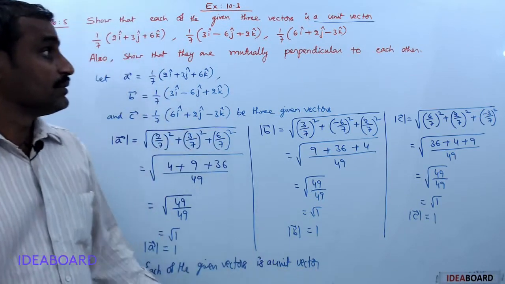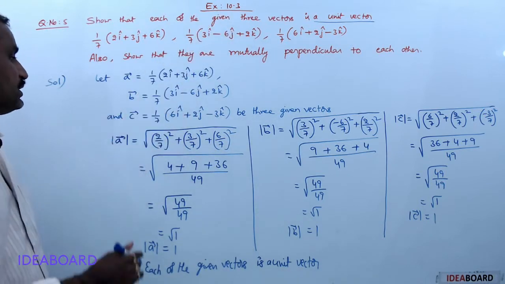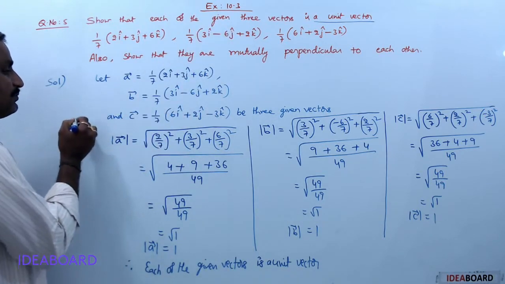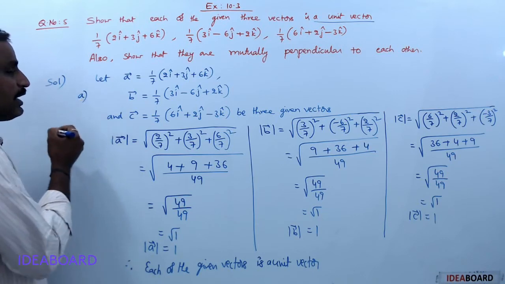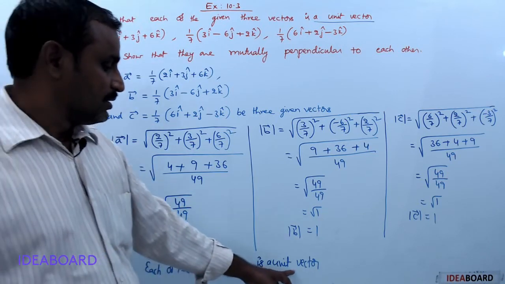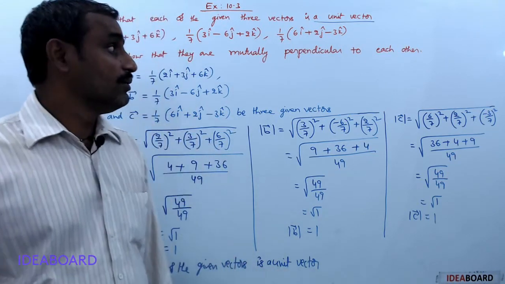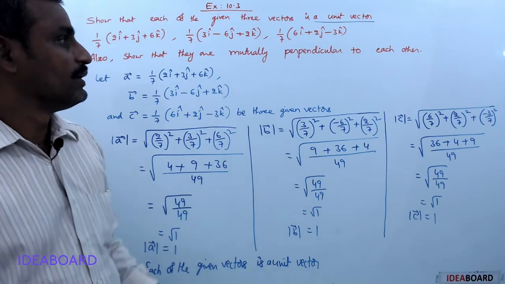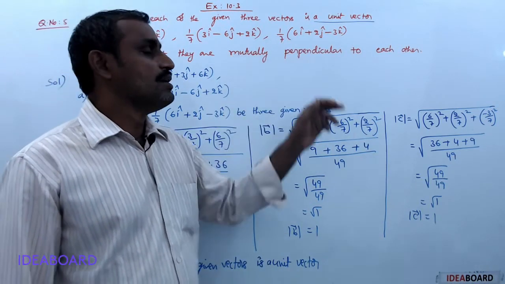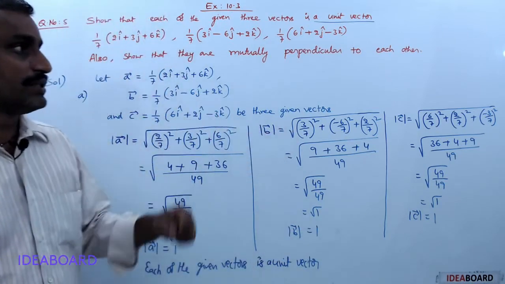So now this is the solution for the first bit, which we are assuming as A. A bit is proved. Now you can note down, then after we will discuss the second subbit in the same question.